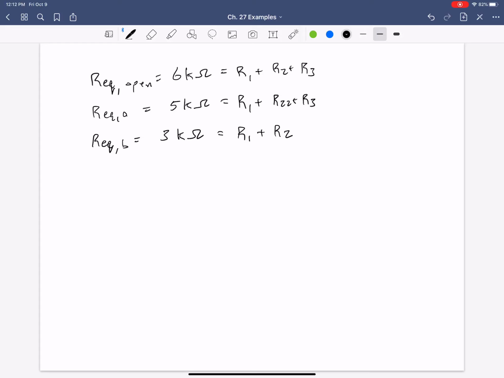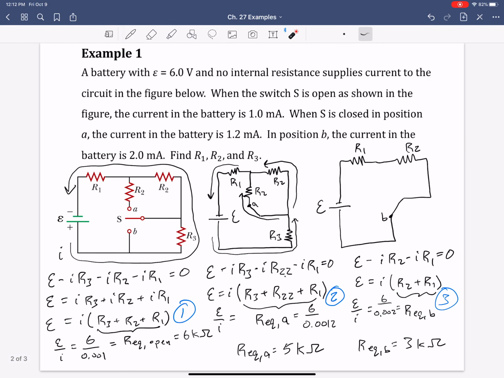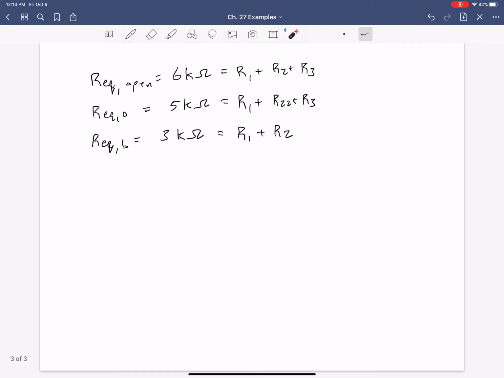Now, quick thing, we need to find out what R22 is, what the equivalent for that is. Remember, they were the same resistors, but just in parallel. Your intuition may tell you that they're the same, that they're split equally. In fact, you'd be correct in that. We know that because resistors in parallel add inversely.